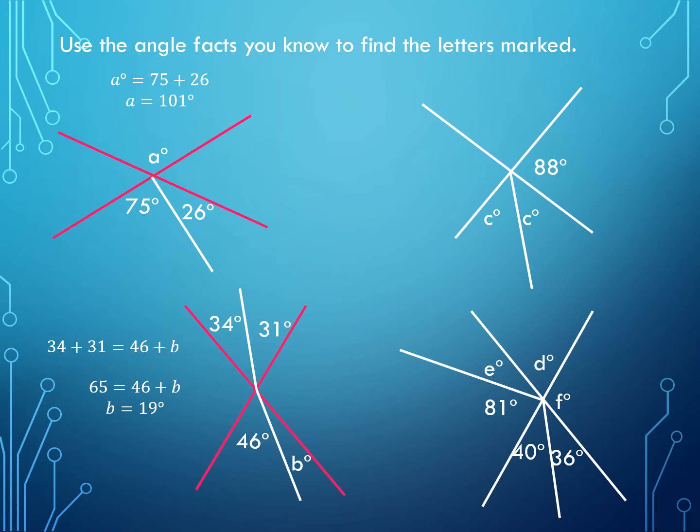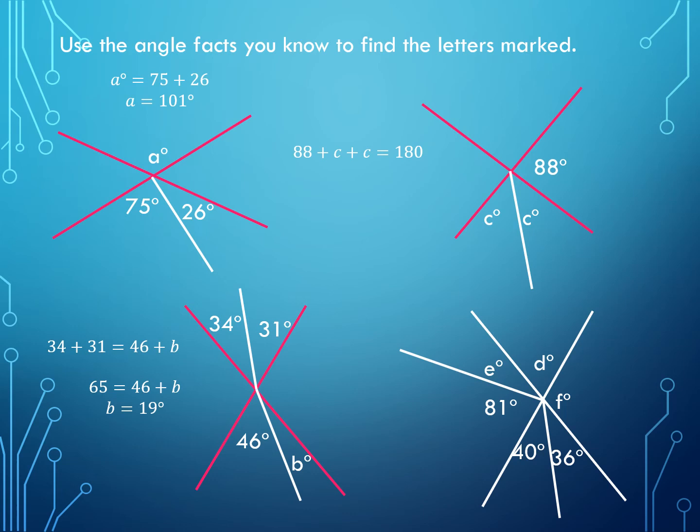Jumping up to the top right, I can think about this one slightly differently. But again, if I put my cross on, I know that the two sections next to each other in the cross have to add up to 180 degrees. So what I've actually got here is not ones that are the same, but another set of supplementary angles. And so I've got 88 plus C needs to equal 180.